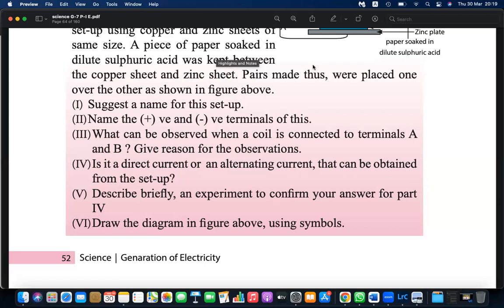Yes, how can you check whether it is alternating or not? Can you tell me an experiment? How can we check whether it's AC or DC? Tell me an easy way.